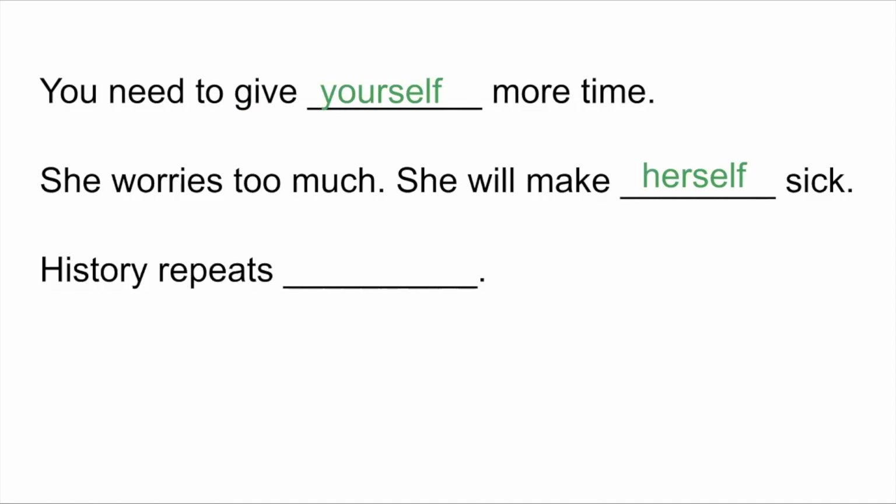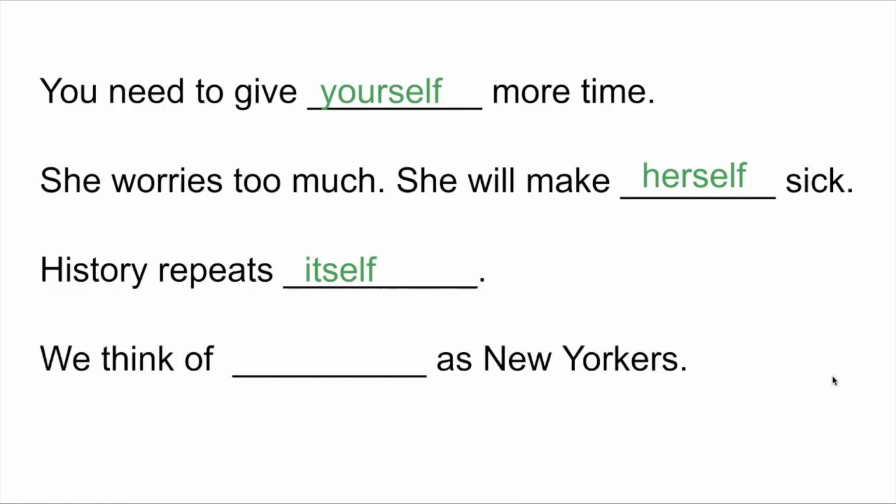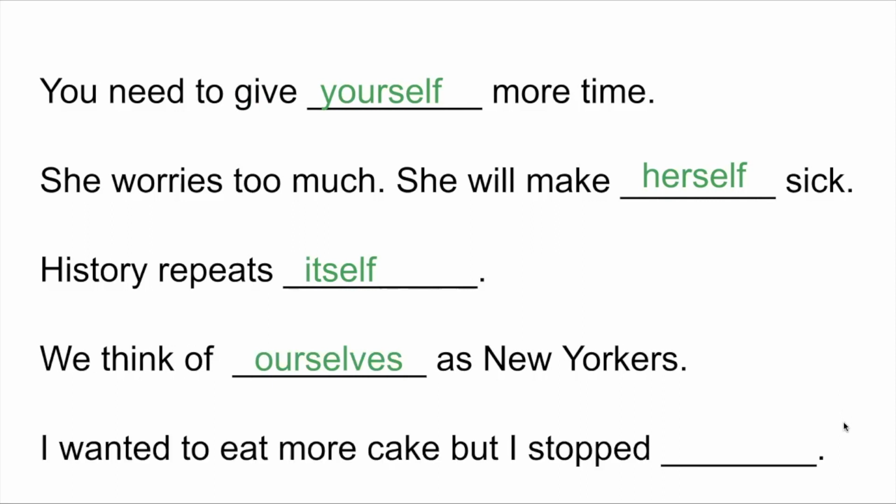History repeats history. History repeats itself. We think of us as New Yorkers. We think of ourselves as New Yorkers. I wanted to eat more cake, but I stopped myself.